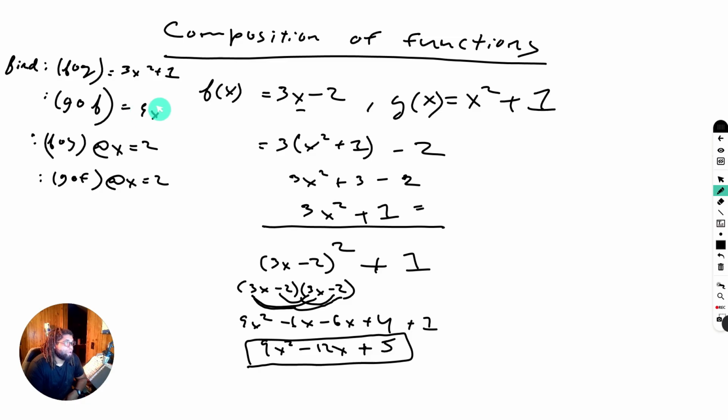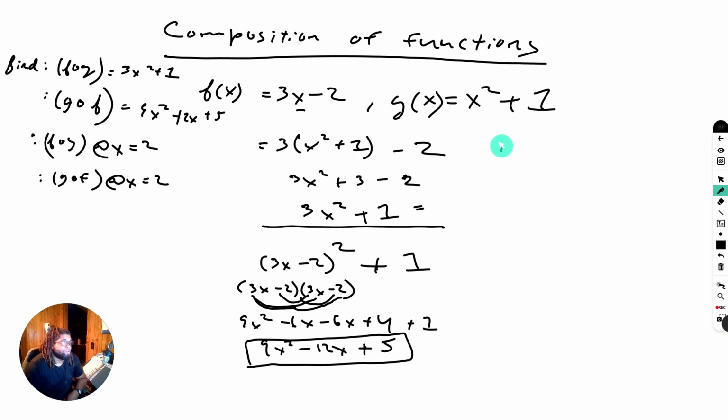And that's our final answer for that one. So the next thing we're going to be asked to do is evaluate both of these functions at some number, in this case x equals 2. So all we do is take our answers, and we just plug in 2 now for the x value.